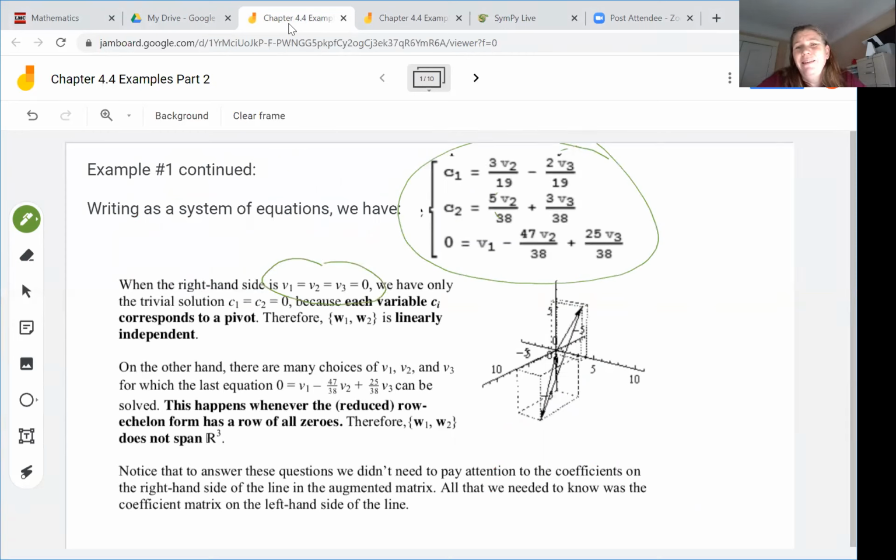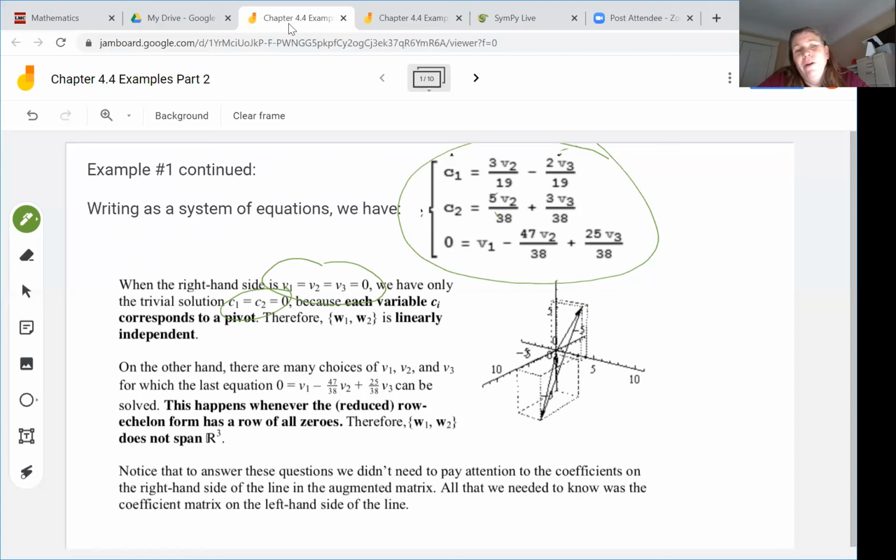So in that case, if these are all zeros, we only get this trivial solution, C1 is 0 and C2 is 0. You can think about each variable Ci as corresponding to a pivot, where the number of pivots is n. So because this is C1 and C2, we've got 2 pivots.